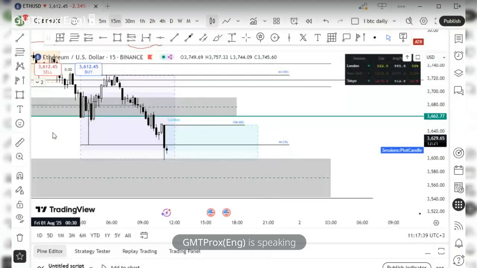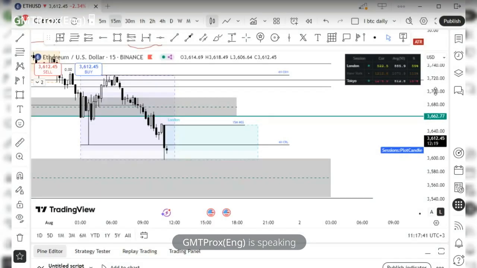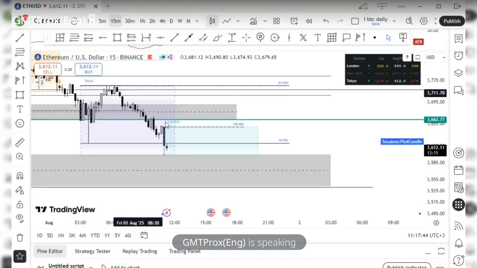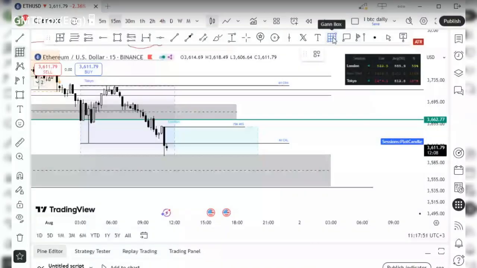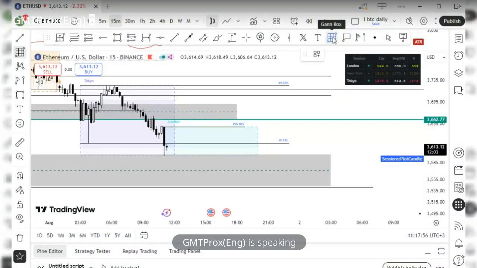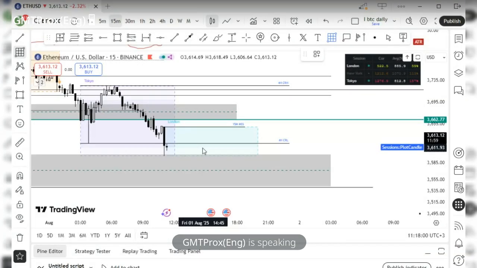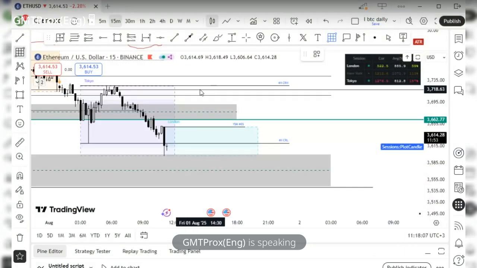But now I'm adding this. Once you have identified the high and the low, you separate the equilibrium level and the discount level. Because we have liquidity at the low, our targeted profit is the upper levels.